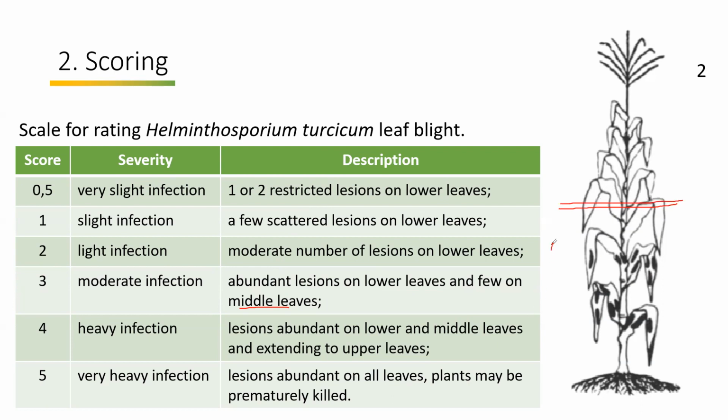It will be 2 or maybe 1. It will not be 0.5, because that is restricted lesion on lower leaf. It's not restricted lesion because there are a lot of lesions in the lower leaf. So maybe it becomes 2 because we find a moderate number of lesions in the lower leaf. Yeah, so it will be score 2.